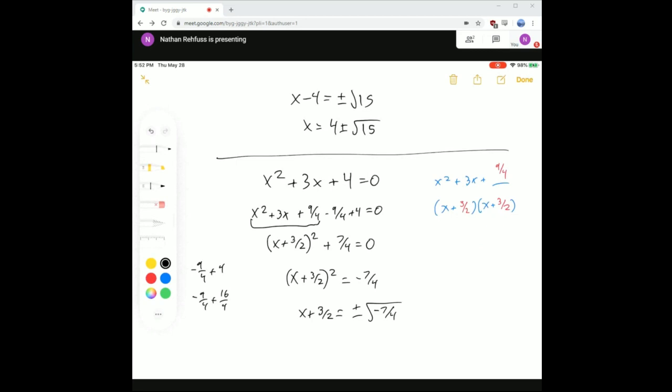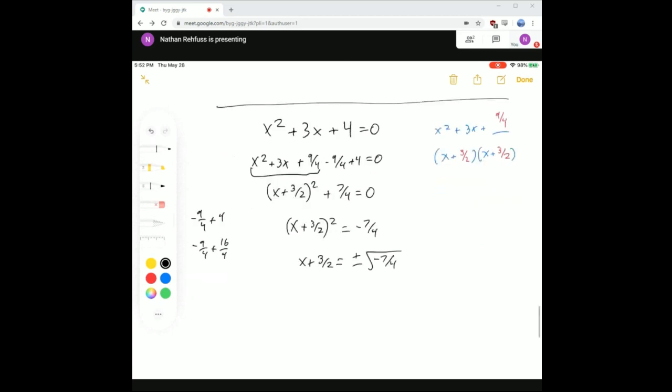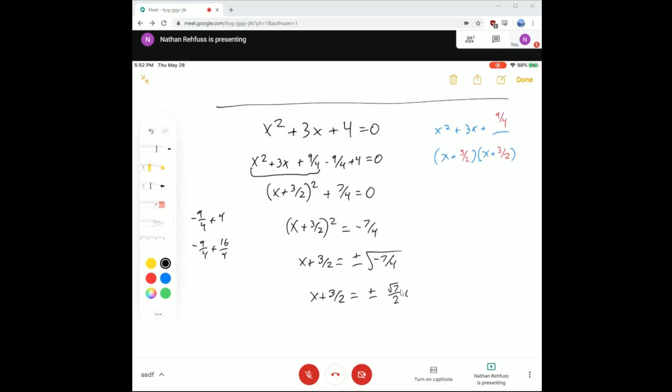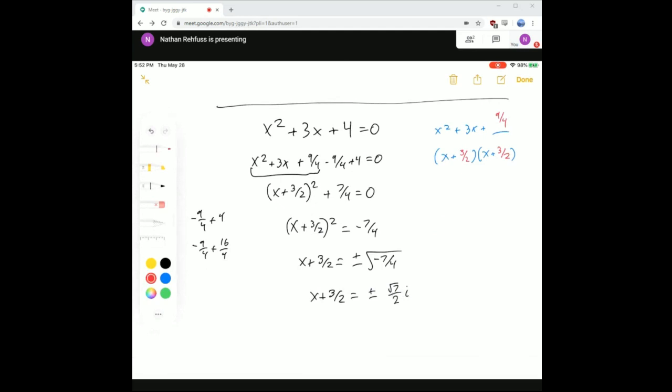That's the same as plus or minus √7 divided by 2i. So I split up the fraction, right? There's a property that says root -7/4 is really the same as √7 √-1 divided by √4.